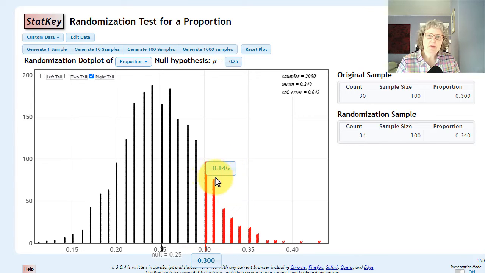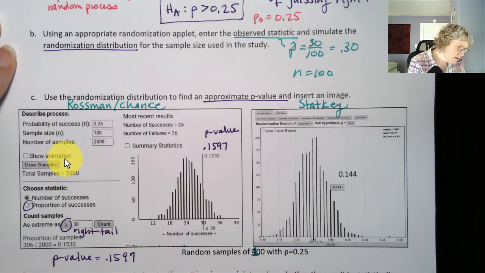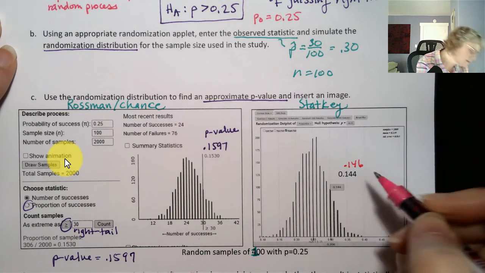And then the number up above, that's our probability, or the proportion of all these red X samples in the right tail that were 30% or more. And that was 0.146. So I'm going to write on the StatKey graph over here, 0.146.